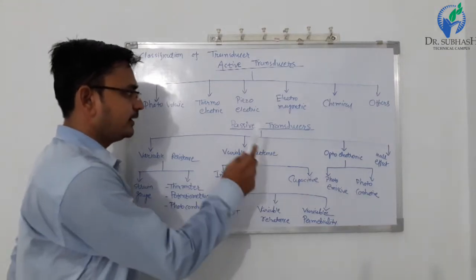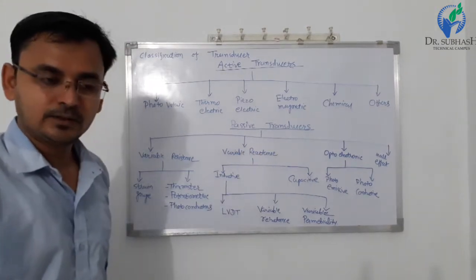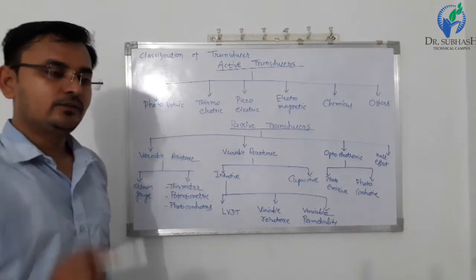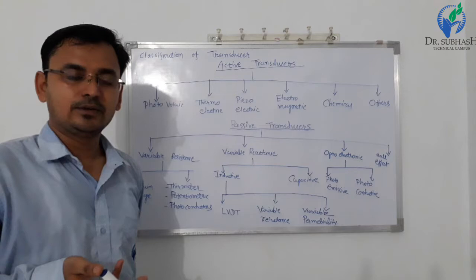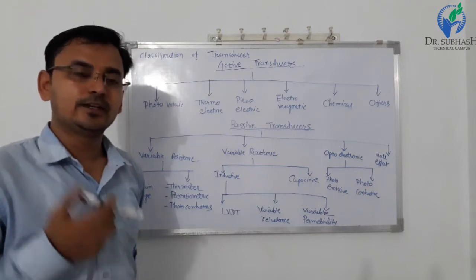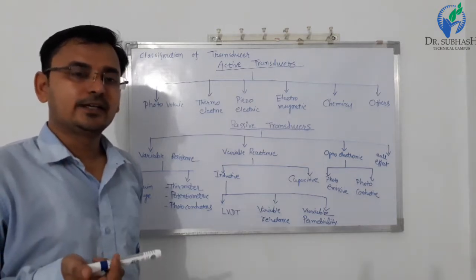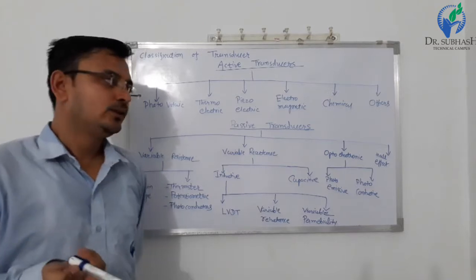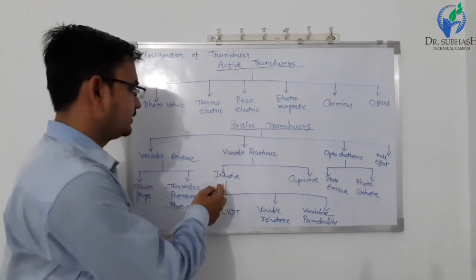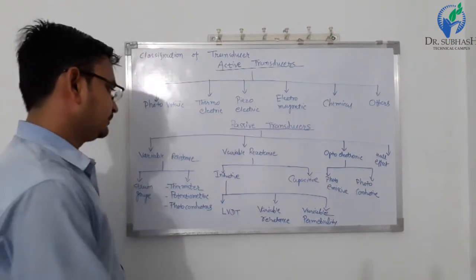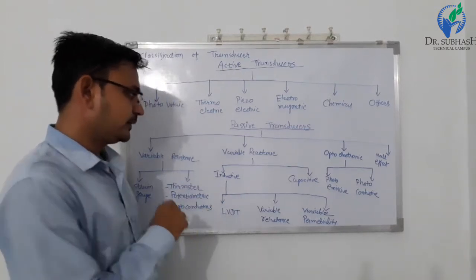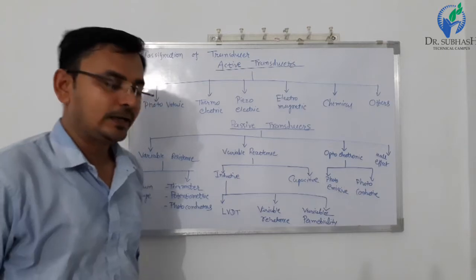Now the variable reactance type transducer. Friends, we know that two types of reactance are available in electricity. One is inductance and the other is capacitance. So in this case we will see inductive transducers and capacitive transducers. In the inductive type there are three types of transducers available.